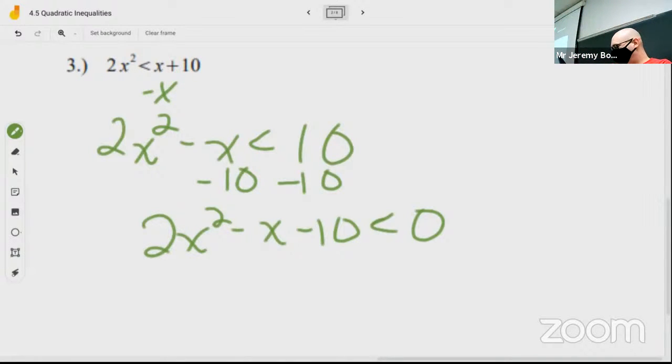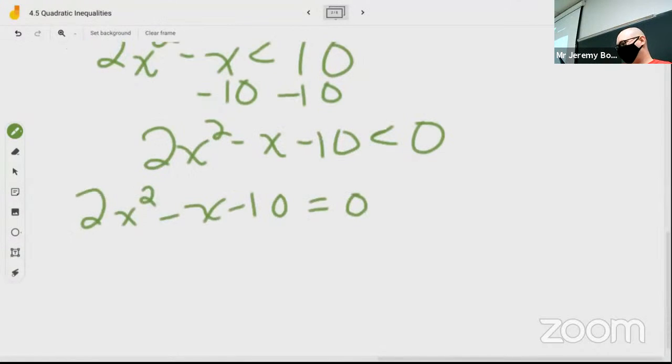So first thing we're going to do, set it equal to 0 now. And let's see if we can factor that. So AC is negative 20, and B is negative 1.